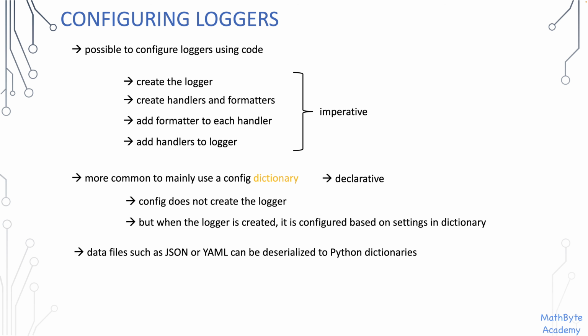Now, one thing that's very common: you'll see some people actually use an actual Python dictionary to set up the configuration for the logging system. But very often what we use instead are external files, like a JSON file or a YAML file, because those things can be deserialized into Python dictionaries. And it's easier usually, especially in CI/CD cases, where you're going to have different JSON or YAML files depending on the environment, right?